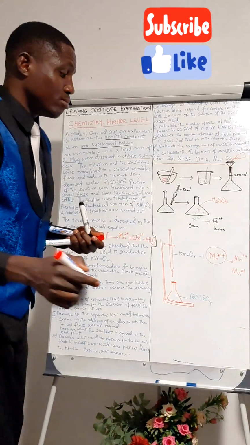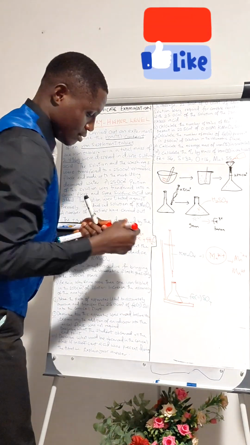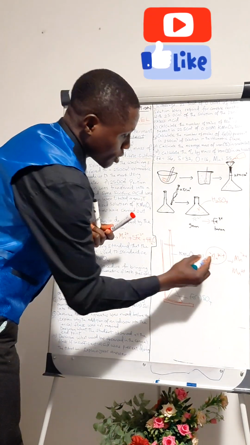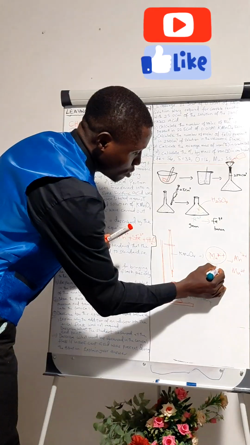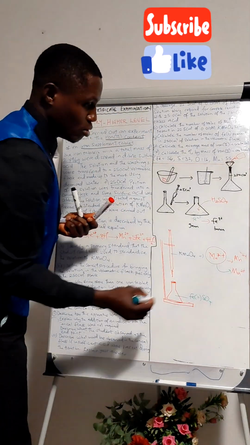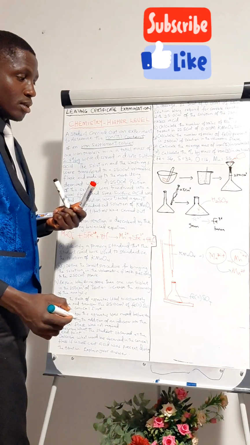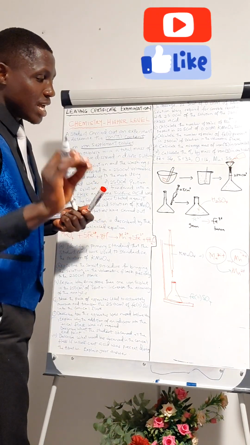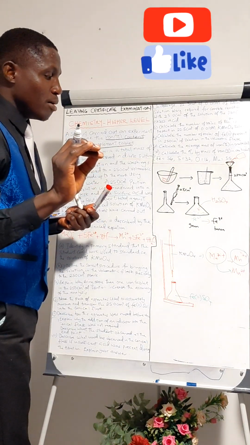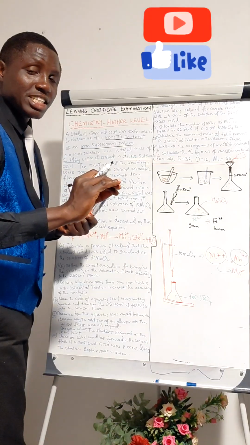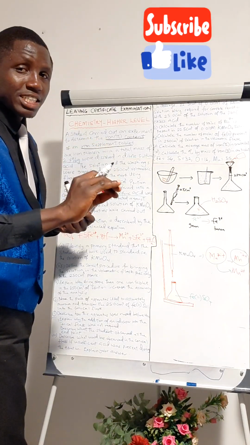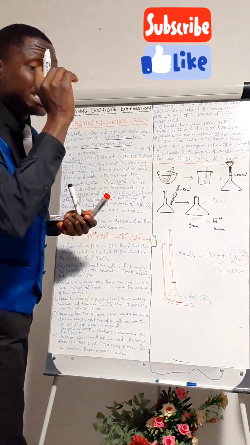The aim of this experiment is that the manganese +7 should be reduced to +2 and not +4. So the sulfuric acid helps both the oxidizing agent and the reducing agent to maintain their state.